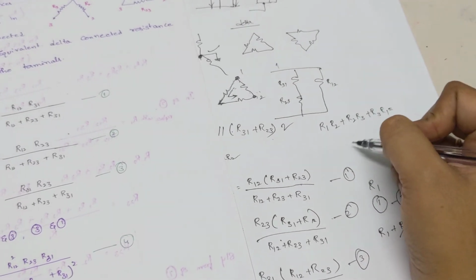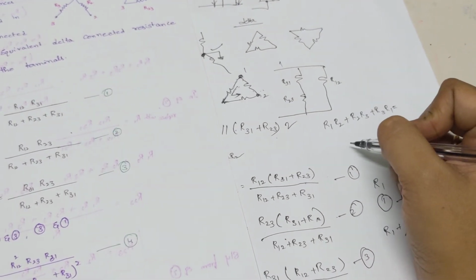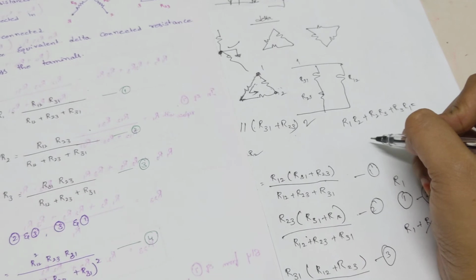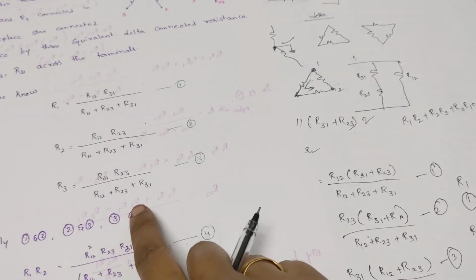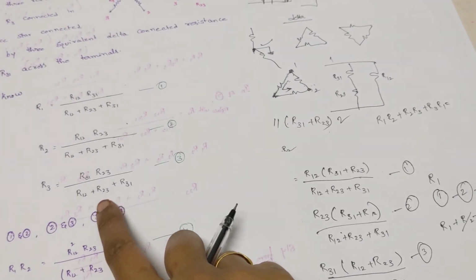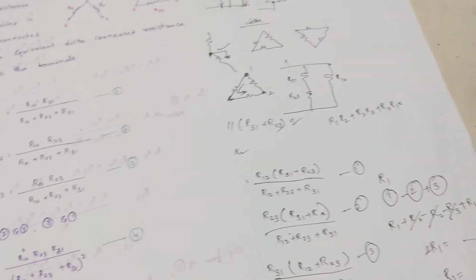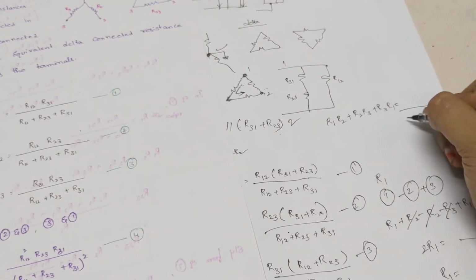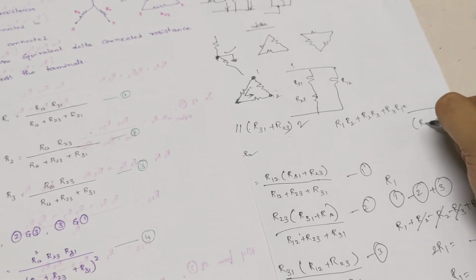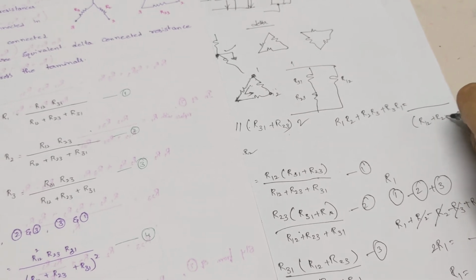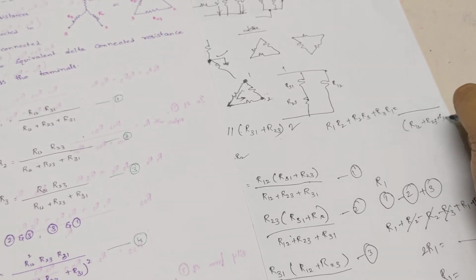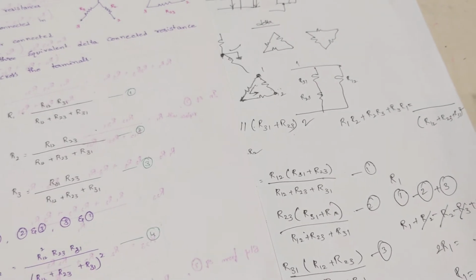So try to divide this value. How can I get it? Because all the denominator values are the same, if I take the common term on the right hand side, that is R12 plus R23 plus R31, whole square.